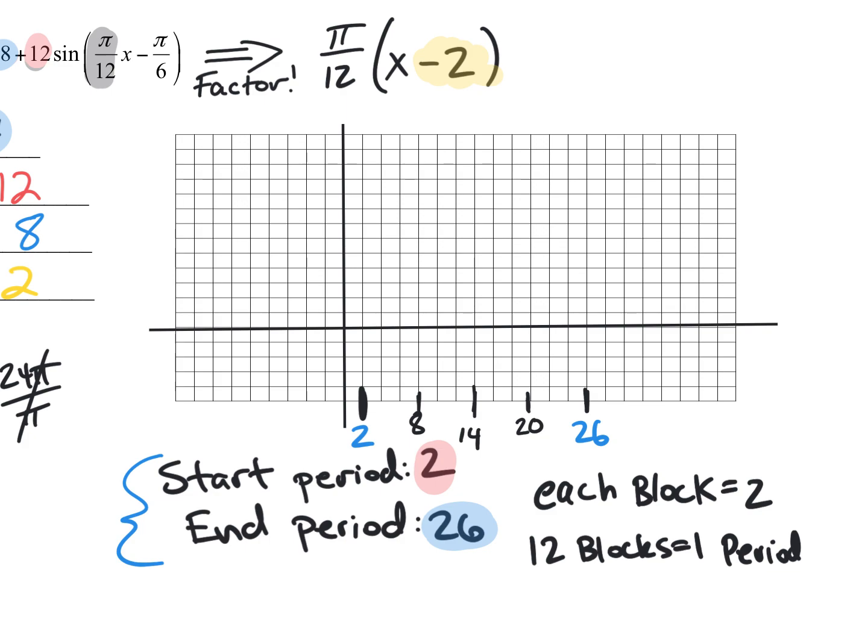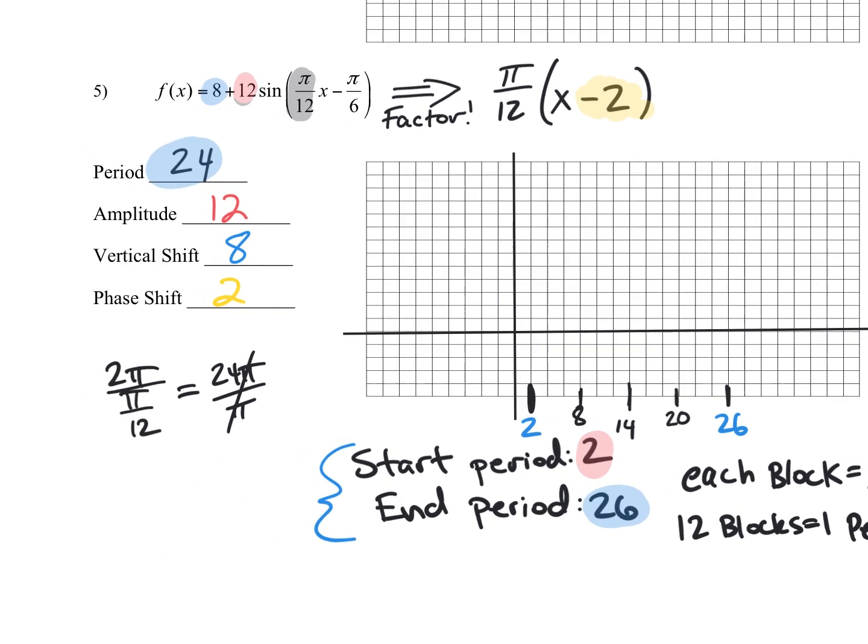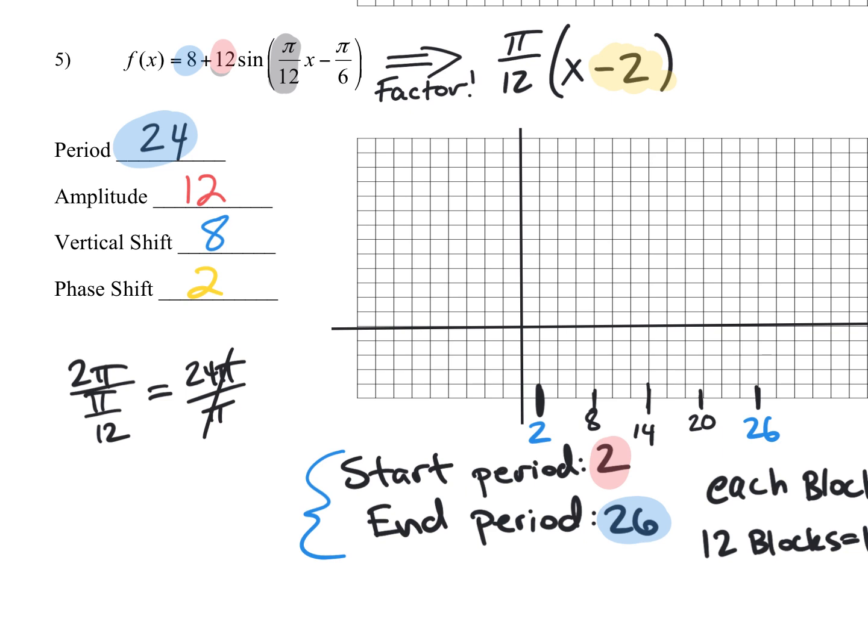Let's also think about our vertical component here. We have a vertical shift of 8. I'm going to go vertically by 2. So this is going to be 2, 4, 6, 8. And our amplitude is 12. So we're going to go all the way up to 20. So that's 10, 12, 14, 16, 18, 20.